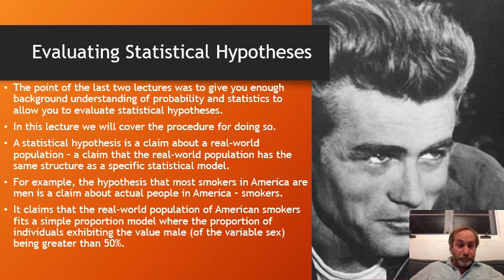For example, the hypothesis that most smokers in America are men is a claim about actual people in America, about smokers. And what it is claiming, more specifically, is that the real-world population of American smokers fits a simple proportion model where the proportion of individuals exhibiting the value male, which is the value of a variable we call sex or gender, is greater than 50%.